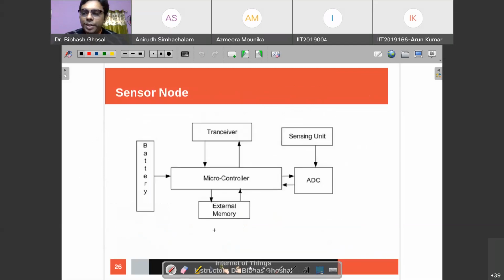So what we said is that it's not enough that you get the data. Once the sensor is continuously capturing the data, we have to store it somewhere, right? Because the data obtained from the sensor will be processed by some computing unit, but the computing unit, until you store the data, will not be able to work on that. So there has to be some kind of storage.